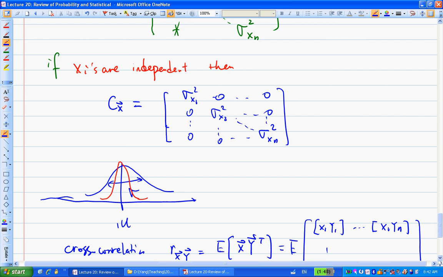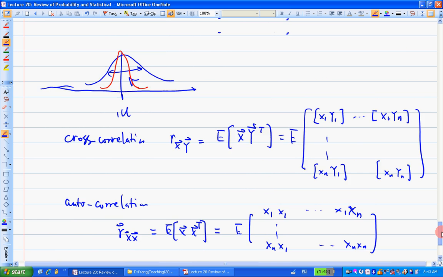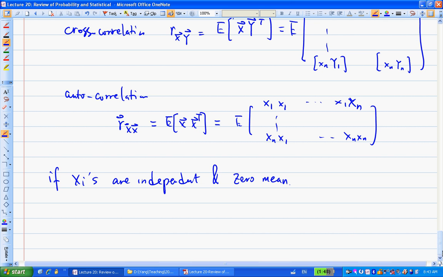Now let's add one more condition here. Let's say the x_i's are independent and zero mean.